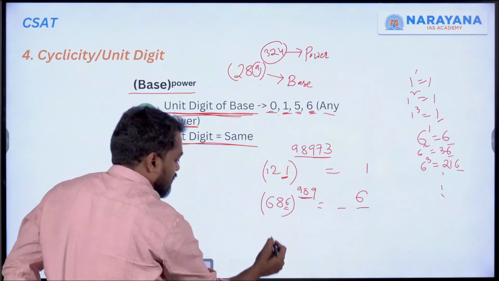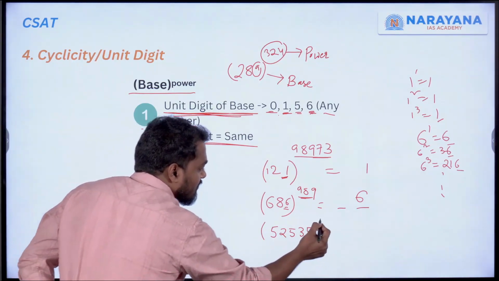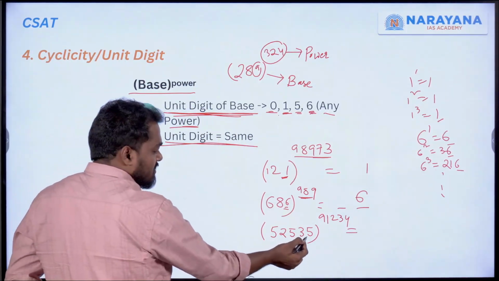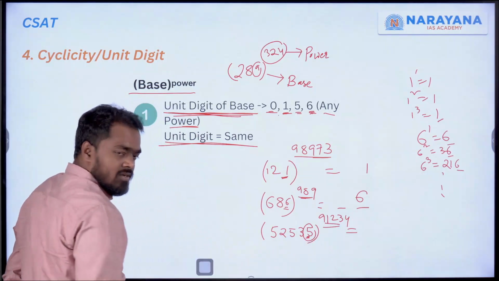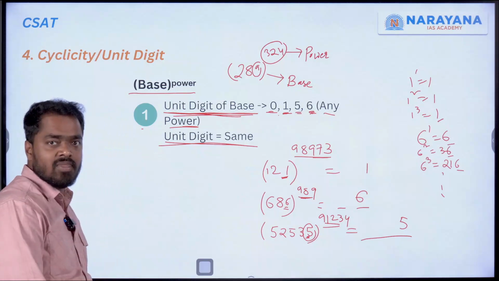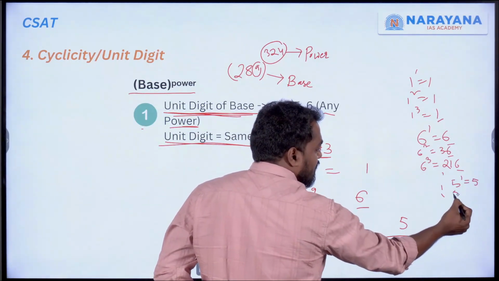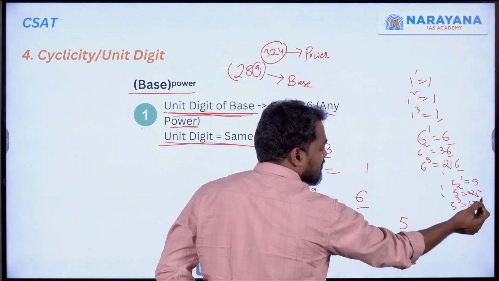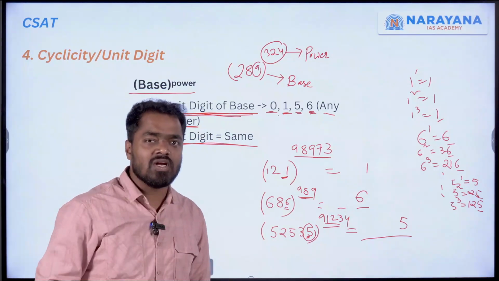Similarly for 5, even if you take 5 to the power 9 or any other power, the unit digit of your base is 5. 5 to the power 1 is 5, 5 square is 25, 5 cube is 125 and so on. So for any power, it contains the unit digit as 5.